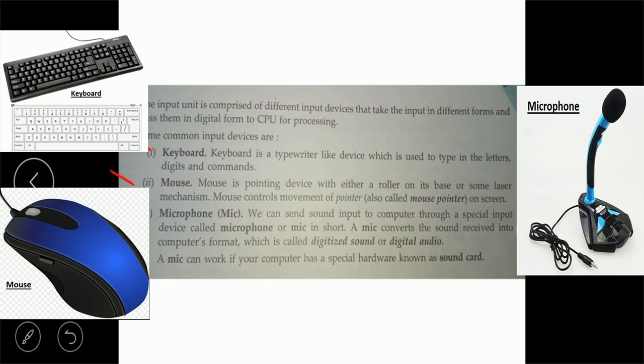Keyboard, you know, is like a typewriter which is used to type letters, symbols and characters. Mouse gives the input with the help of clicking, dragging or rolling. Microphone gives the instruction to the computer in sound or digital audio format.